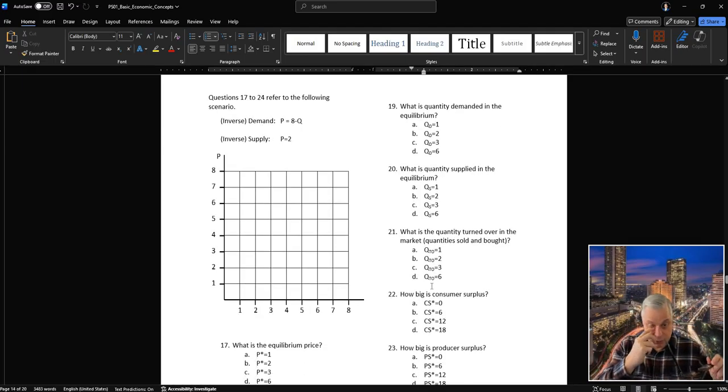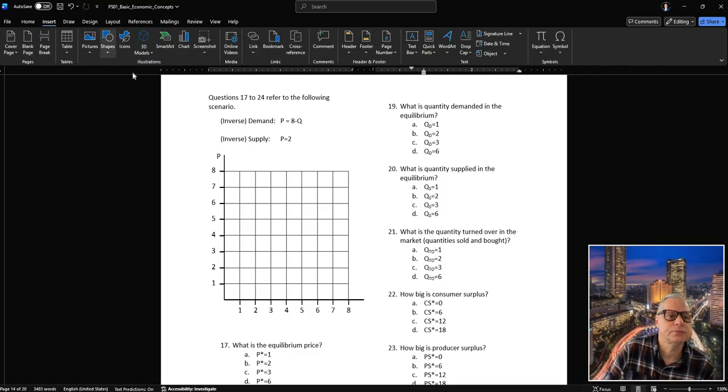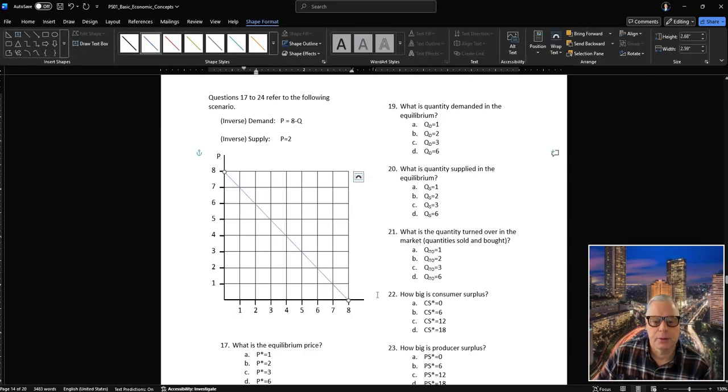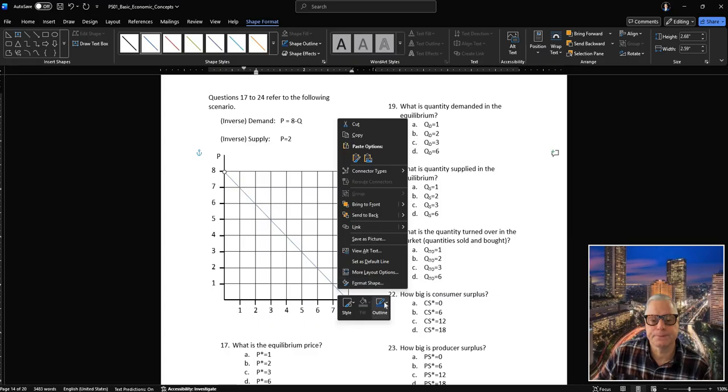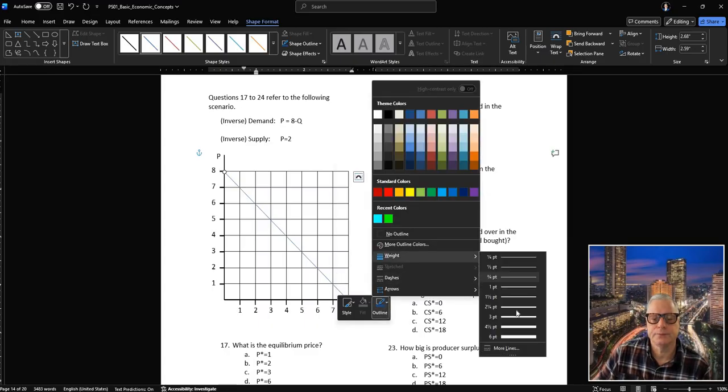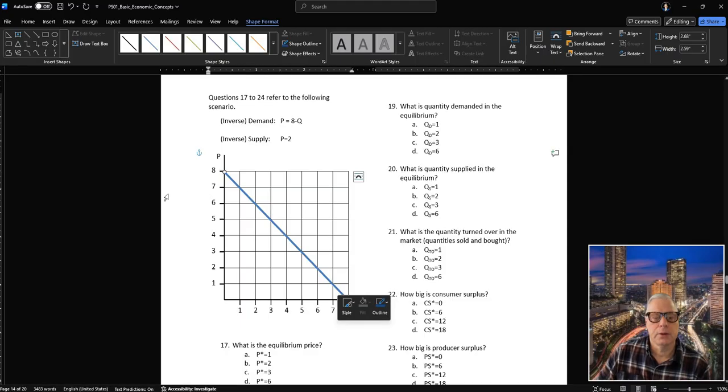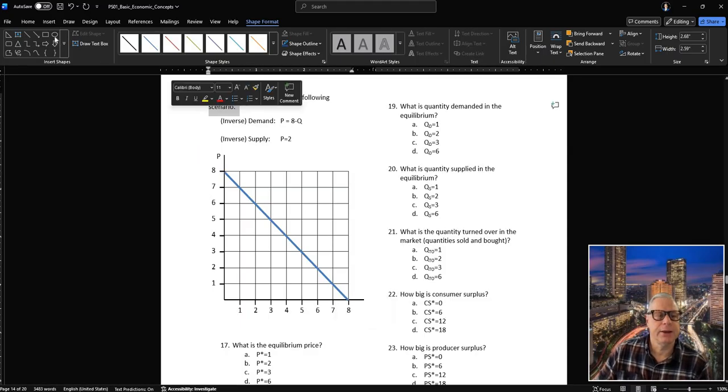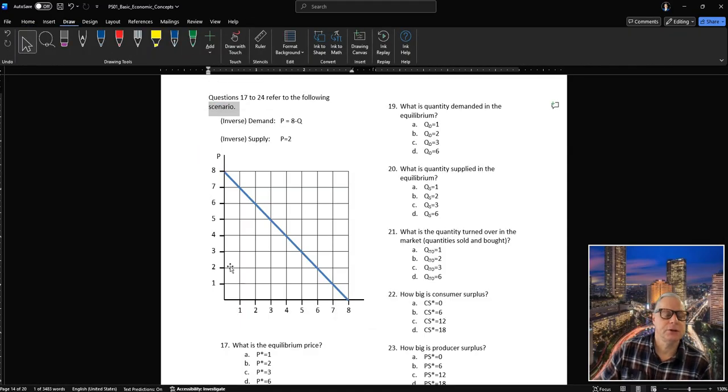Okay, so that was pretty easy. So let's have another one. Again, demand is 8 minus Q. So the slope is -1. But now we have a supply function, which is a horizontal line. It starts at 2, has no slope.